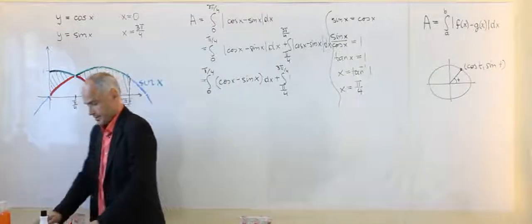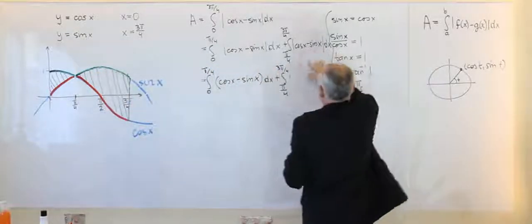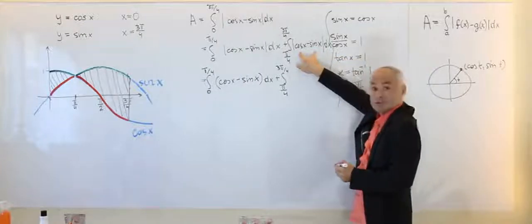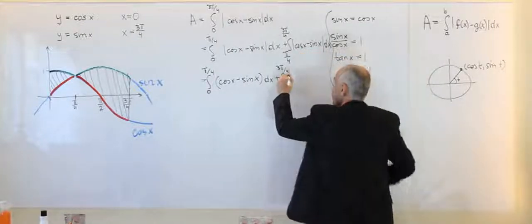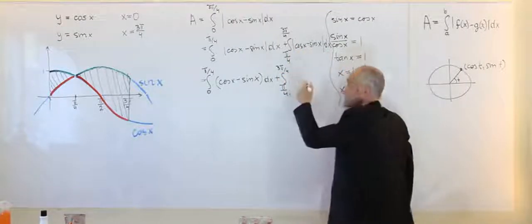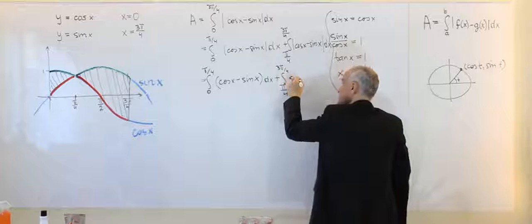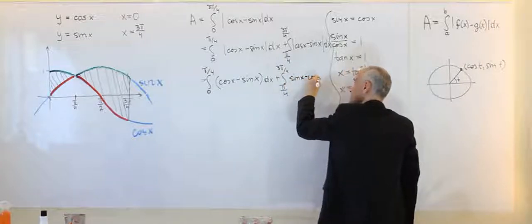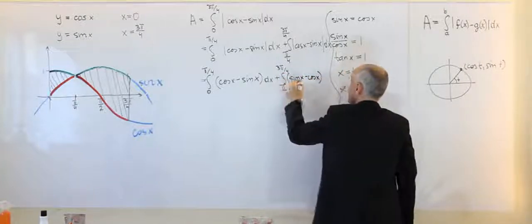So this quantity will be equal to negative cosine of x minus sine of x, which is sine of x minus cosine of x, dx.